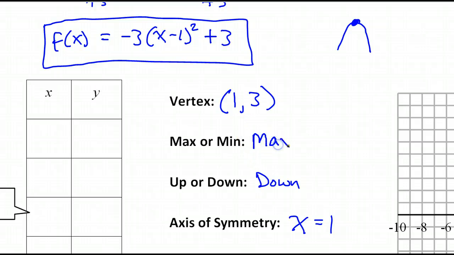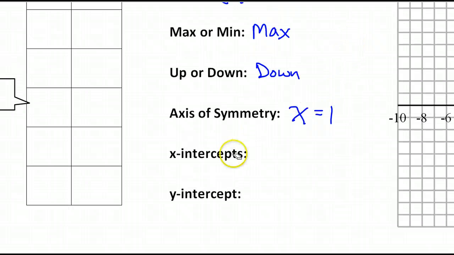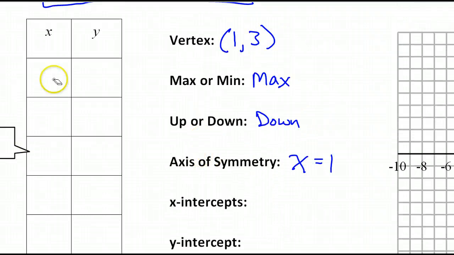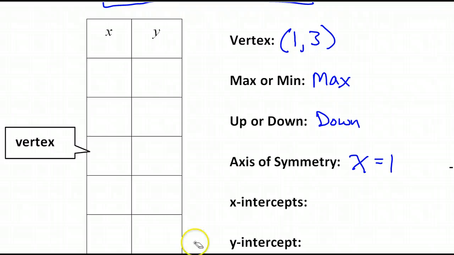So it will be a maximum value. Alright, so that's what that's all about. We'll do the x-intercepts and the y-intercept after we graph, because we might get lucky and it might just show up here. If they don't, then we're going to have some solving to do.